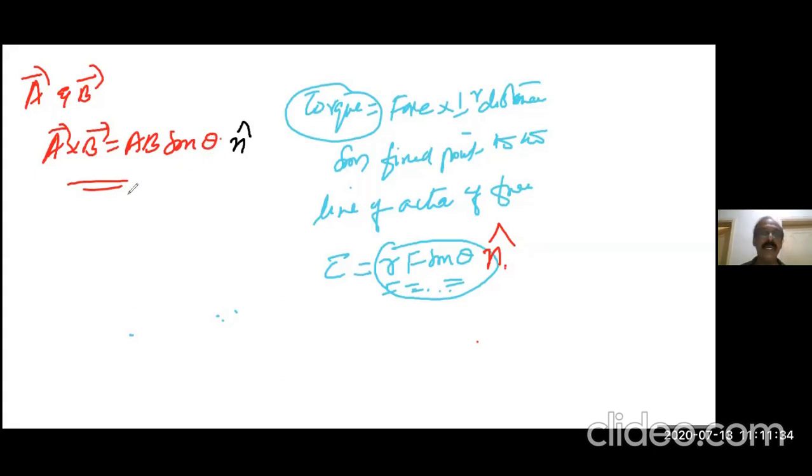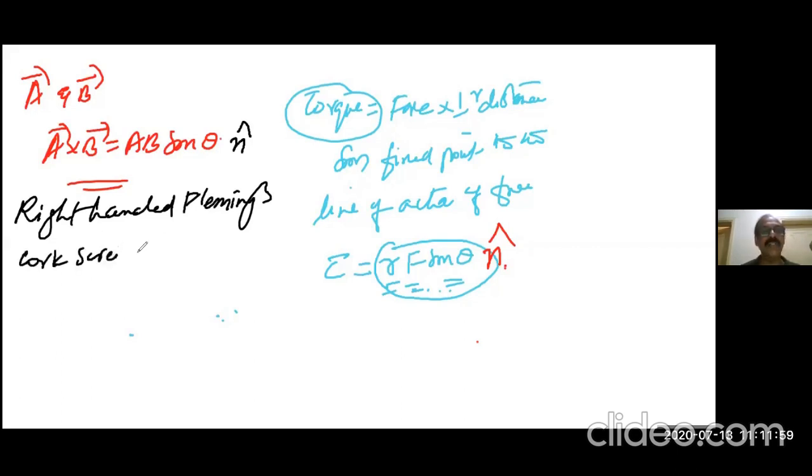Now, the direction of cross product can be obtained by the right-handed Fleming's corkscrew rule.